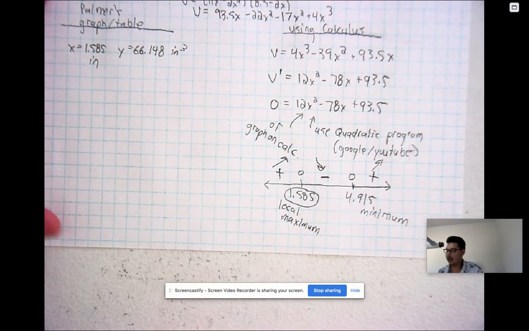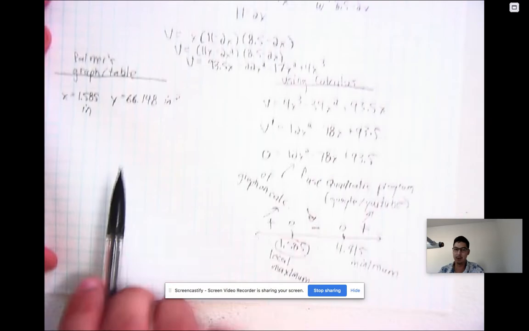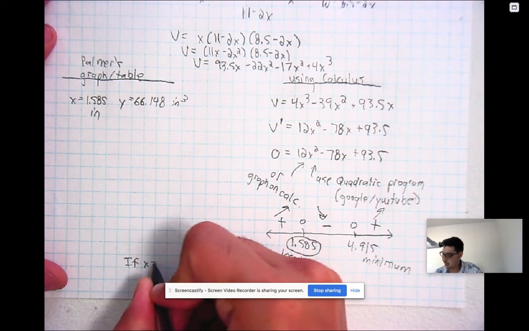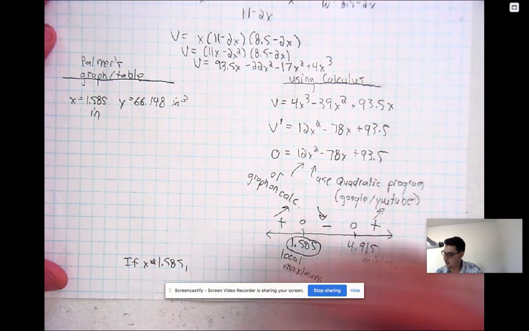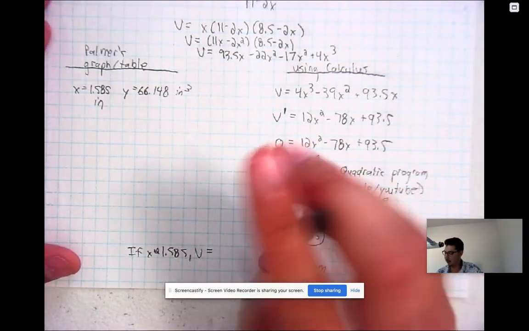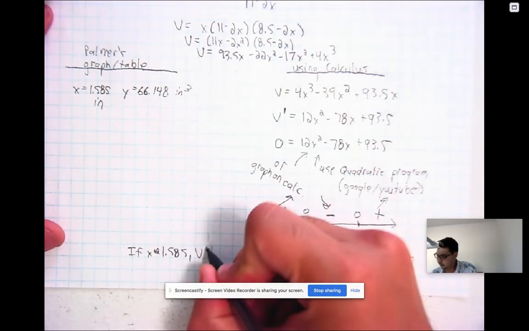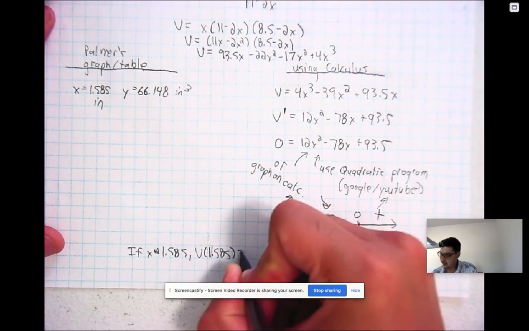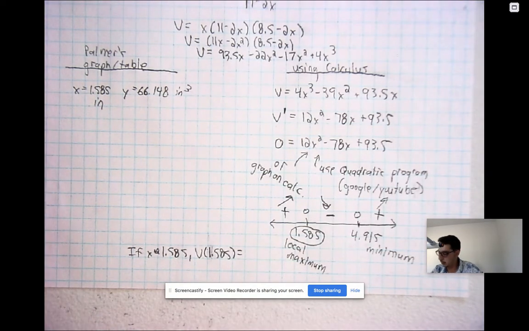So we could answer the question, what's the maximum volume? Well, if we cut the paper by 1.585, so x is approximately 1.585, then your volume will equal V of 1.585, which is 1.585 times 11 minus 2 times 1.585, times 8.5 minus 2 times 1.585.